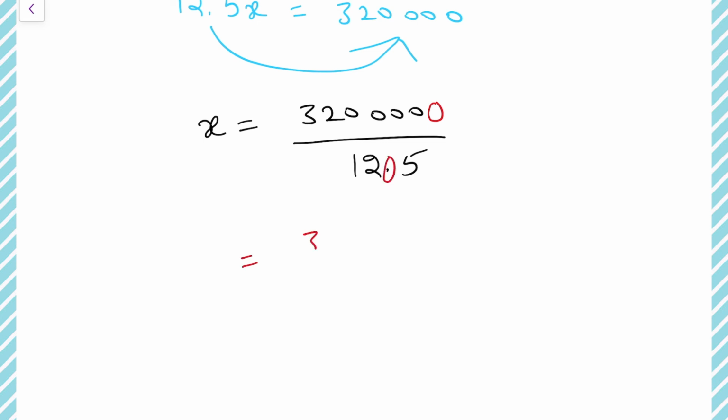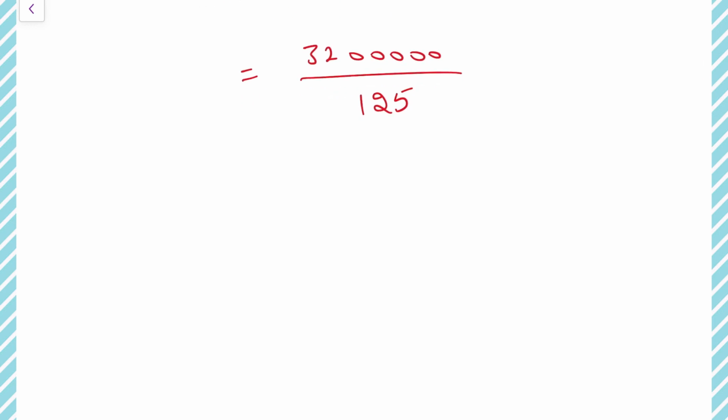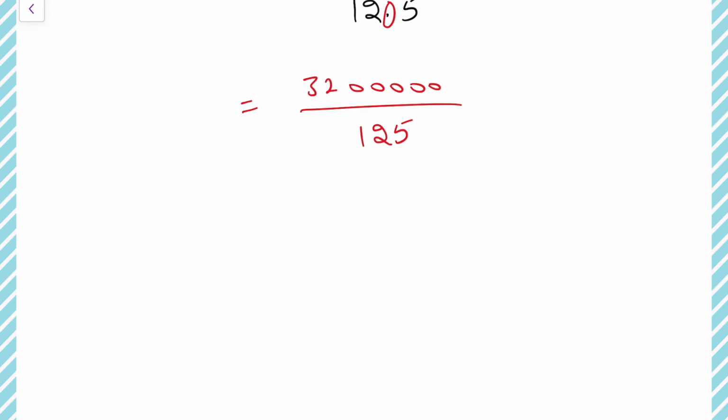So we will get 3,20,000 with 5 zeros, sorry, 32 with 5 zeros, divided by 125, as we removed the decimal. So let us do the cancellation. 2 will come in the 5 table, right? 5 2s are 10... 125, 5 6s are 30, 2 remains, 5 4s are 20.